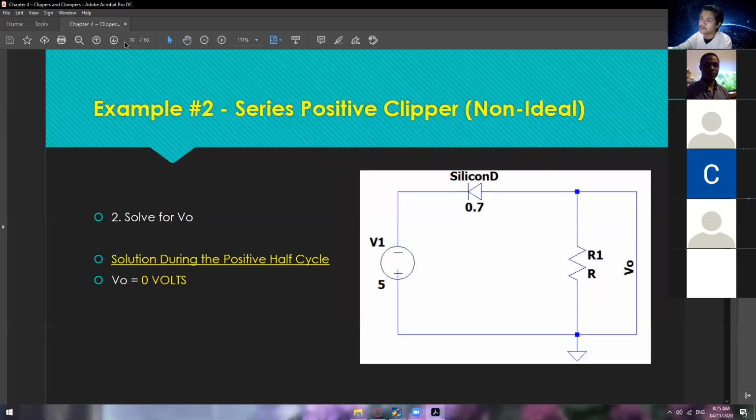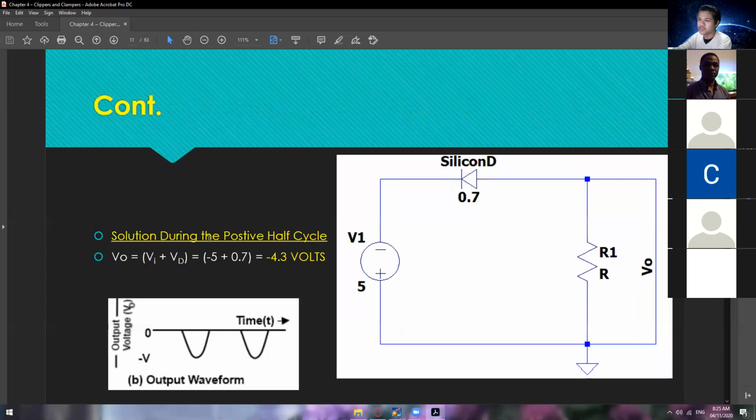Slide number 10: positive and then negative. And then for the solution during the negative half cycle, sorry for that, slide 11. Again, correction: for slide number 11, this one should be negative.